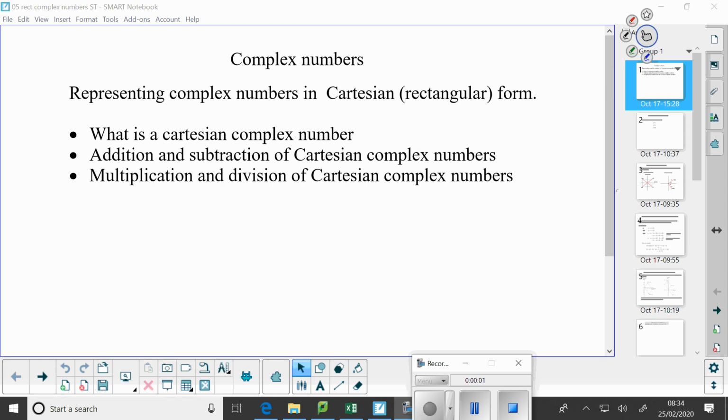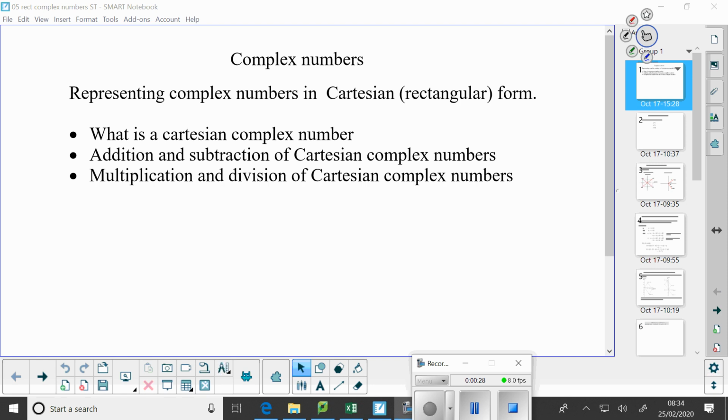Gentlemen, complex numbers. What we're going to be looking at today is the first part of complex numbers, representing complex numbers in Cartesian or rectangular form. Some of you might have had a go at this before on your BTECs or whatever. I know someone has, because they actually used them in the science assignment, even though I hadn't taught them.